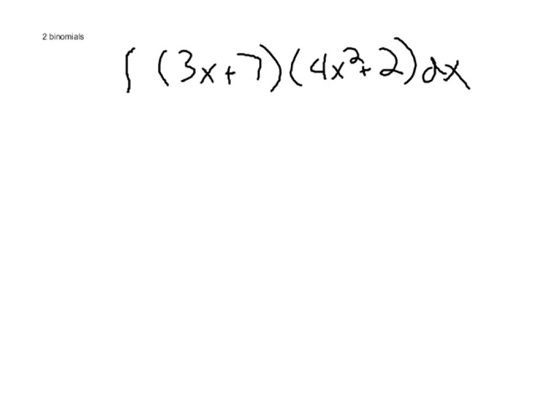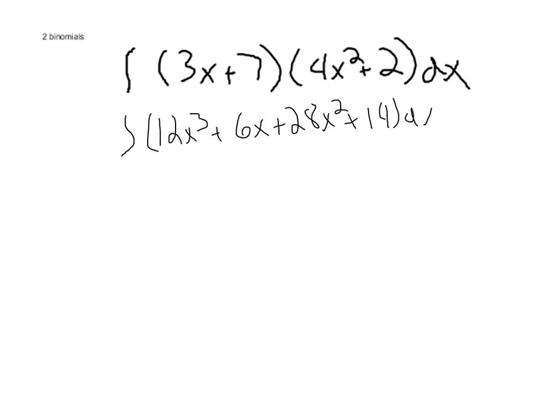I would do that by simply foiling these two binomials, and then doing the reverse power rule or finding the antiderivative of each monomial separately.